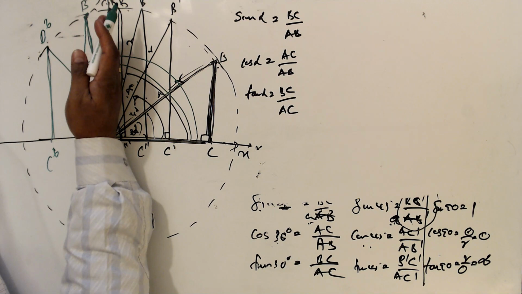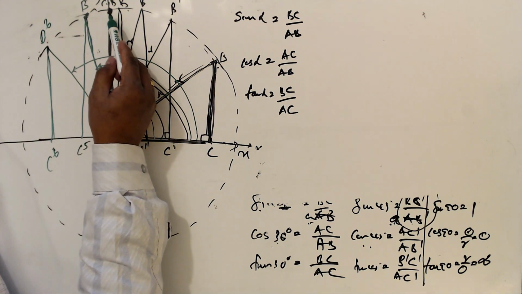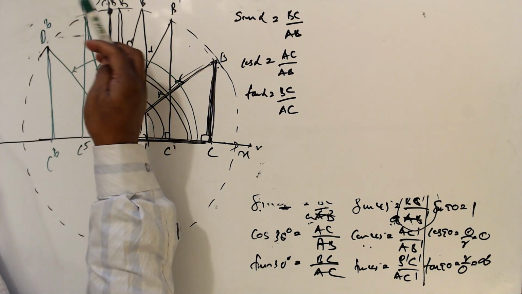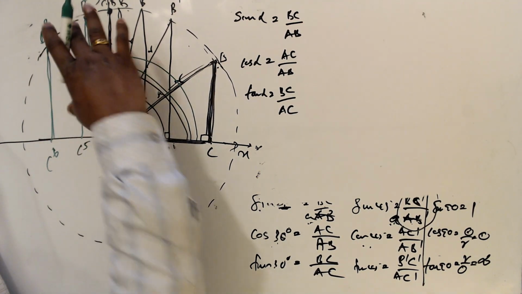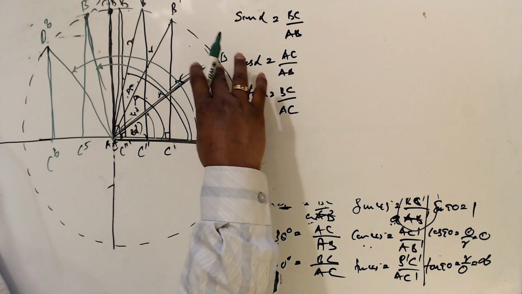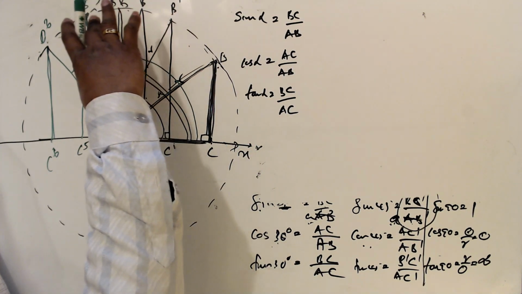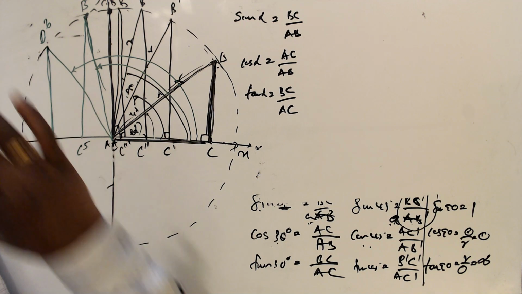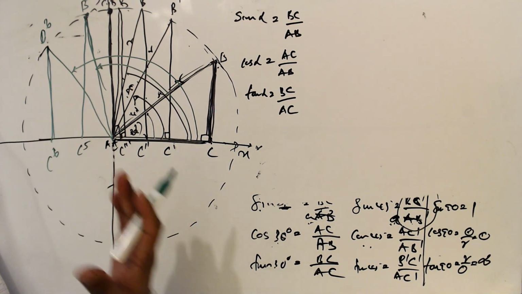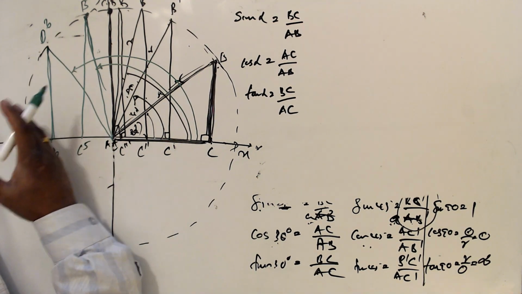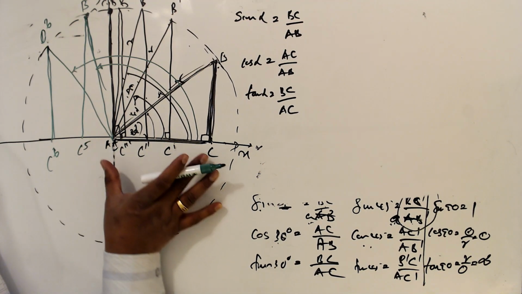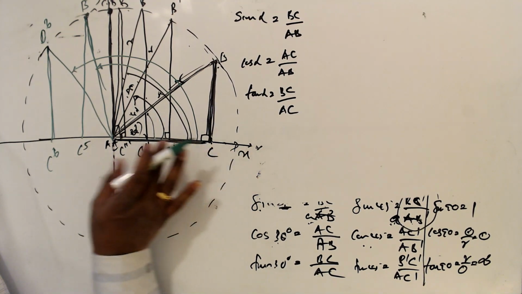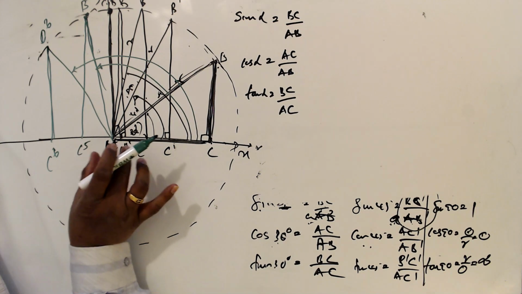Now just after 90, what you can see about this height, the opposite: up to here the opposite increases. Now this opposite is getting decreased. It means from 90 to 180, what will happen? The sine ratio is getting smaller. And what is happening now to cos? Up to here, this length became smaller.